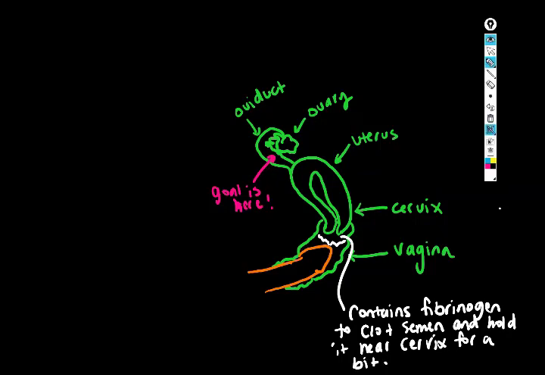And then hopefully that will give the spermatozoa a little bit of an extra leg up, or an assist, in trying to reach what they're supposed to be reaching, which is, of course, the oviduct.